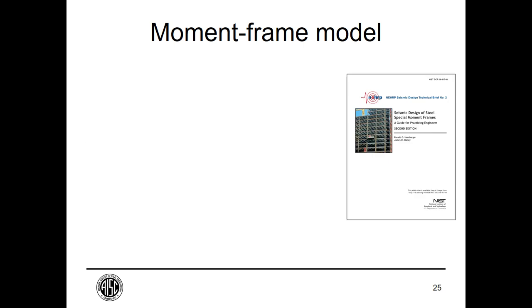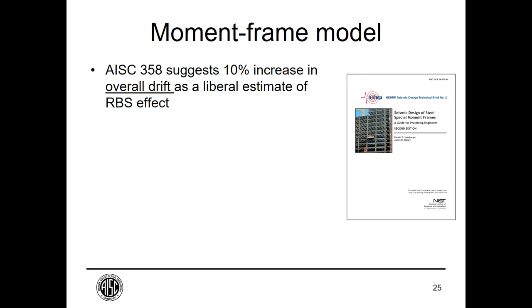So here's the cover page of that NIST tech brief, seismic design of steel special moment frames. I will note that if you read the text of AISC 358, where it discusses the effect of the RBS on the frame stiffness, it says you can increase the overall drift by 10%. So that would be increasing the flexibility of both the beams and the columns by 10%.